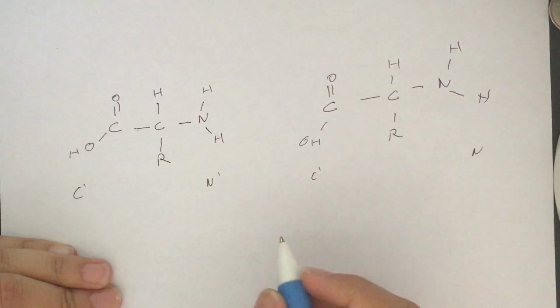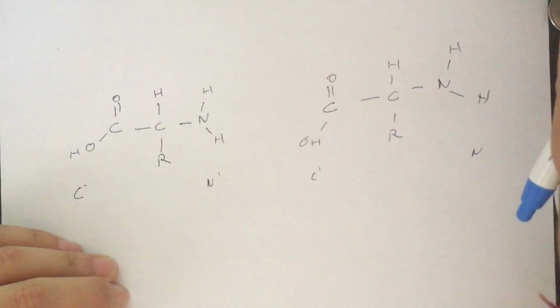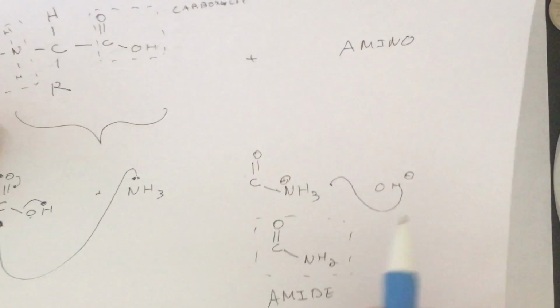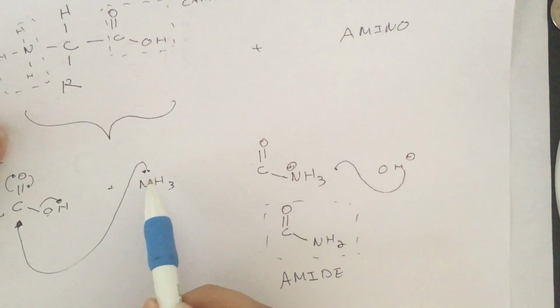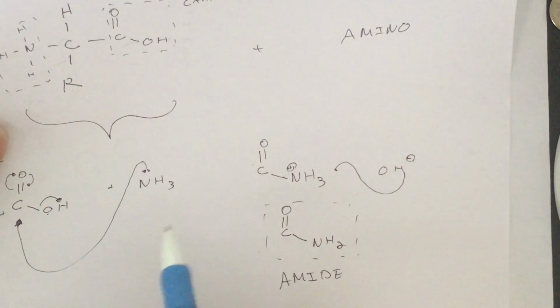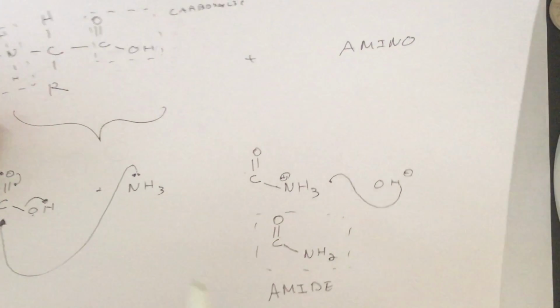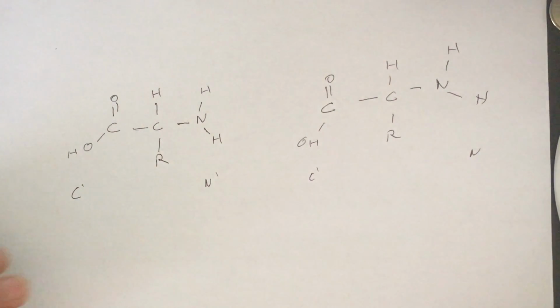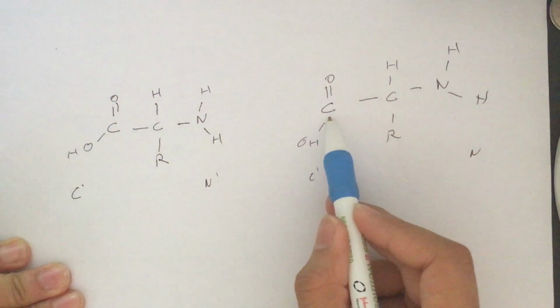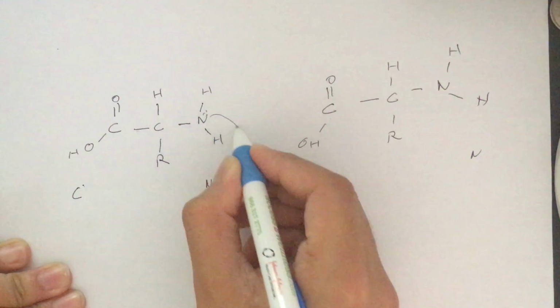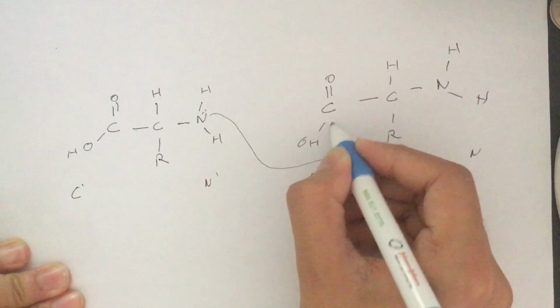Okay, so what really happens is the same thing that we went over here. The p orbitals containing the electrons on this nitrogen atom come in and attack the partial positive carbon.